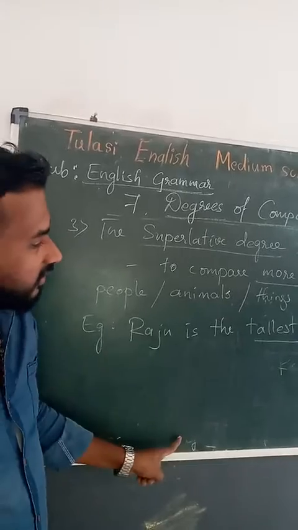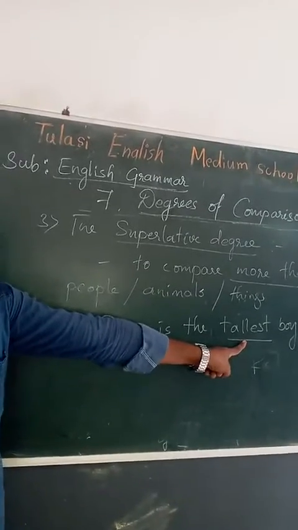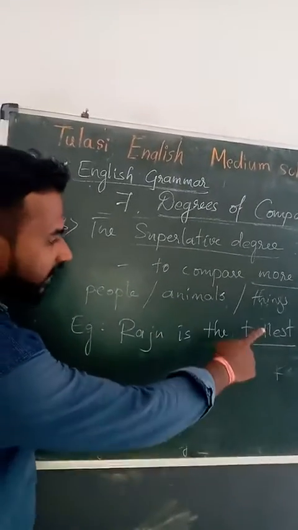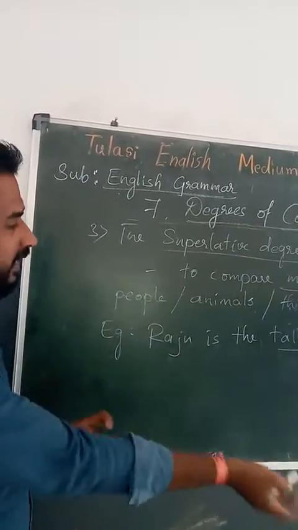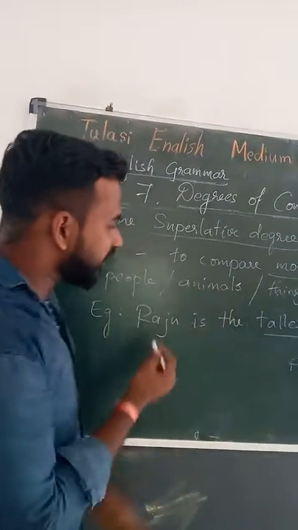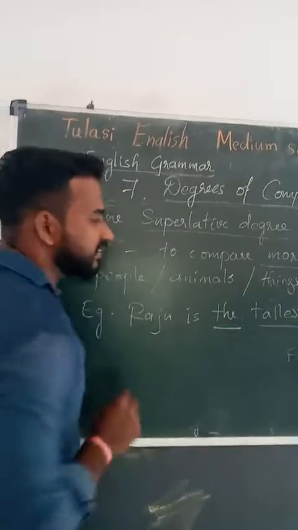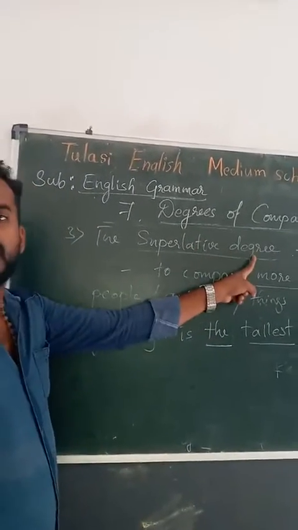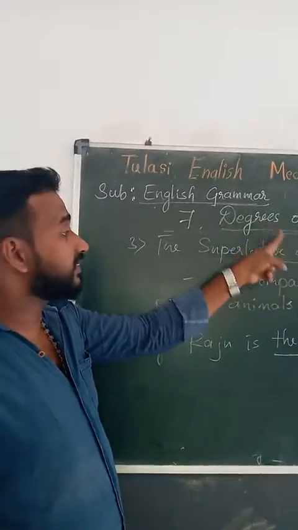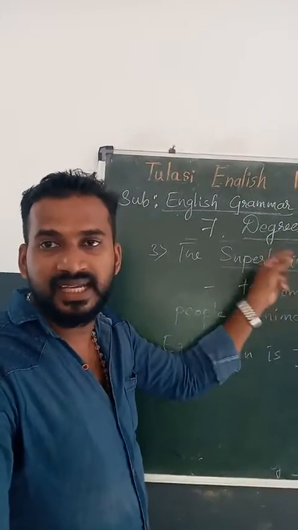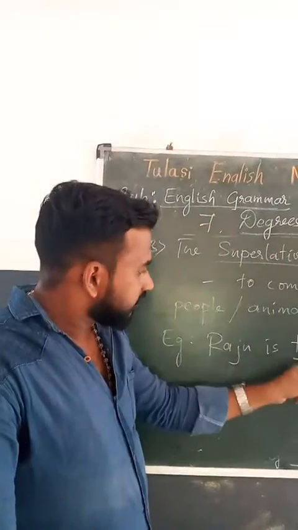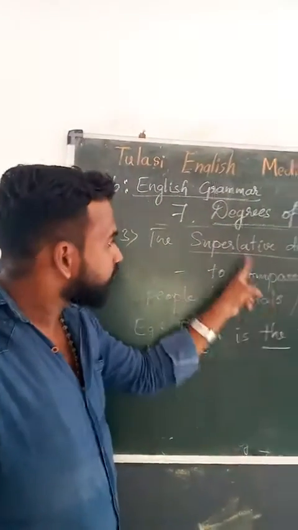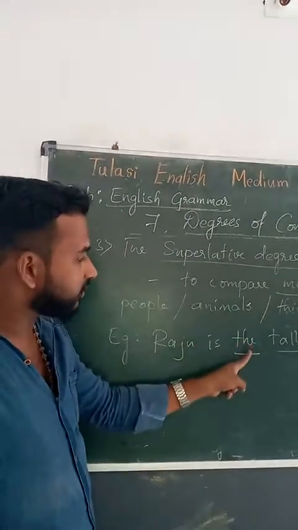So, taller, here, tallest. And in the comparative degree, we used than. Here, the is compulsory because it is superlative degree. While using adjectives in the previous class, a, an, and the, we know that before superlative degree, we have to use the article the.